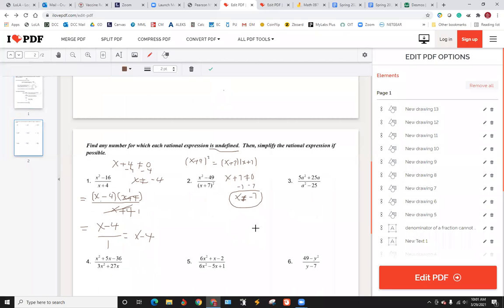All right. So what does this one simplify down to? Okay, in the numerator, it's x minus 7, x plus 7. And just remember down here, there's 2 of them.